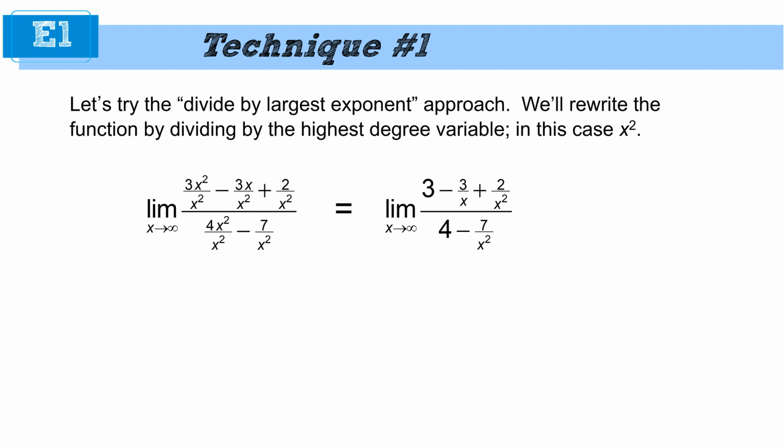Step 2, I simplify. And hopefully you can see what's going to happen here. What happens there when x goes to infinity? It becomes 0.